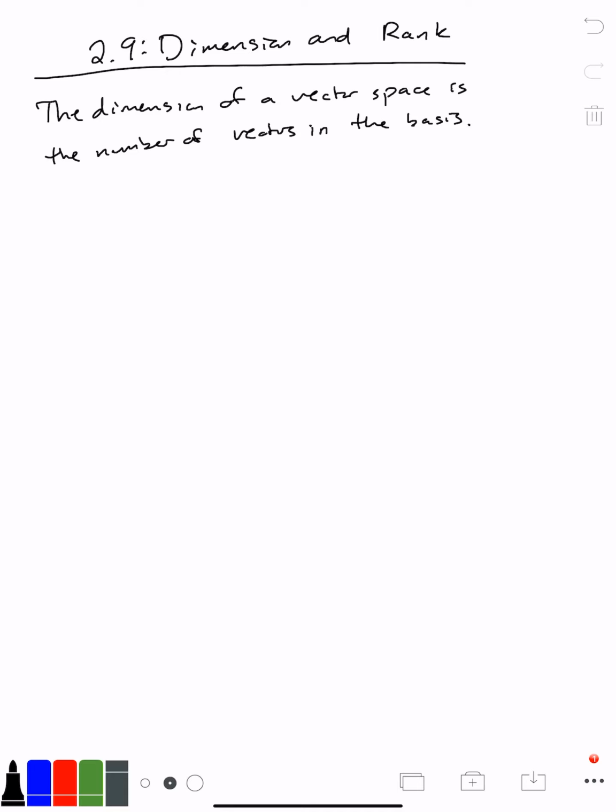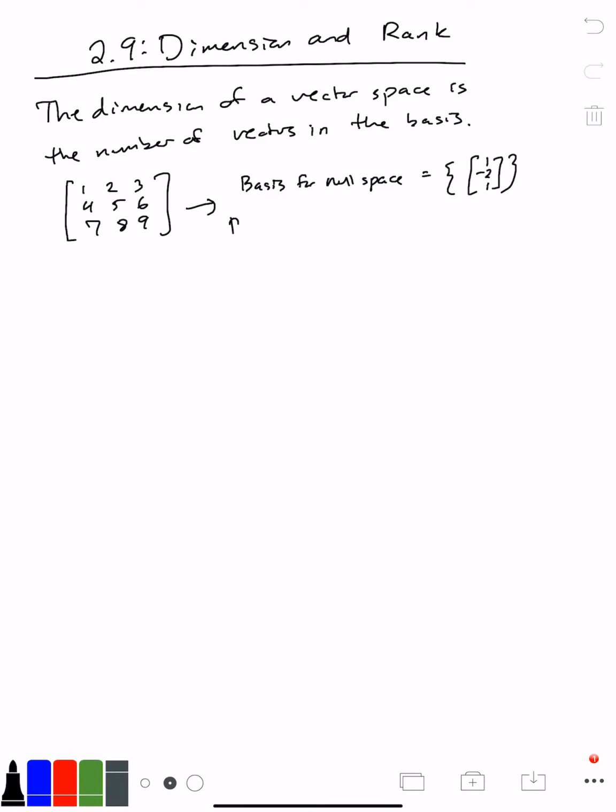So one of our examples earlier, 1, 2, 3, 4, 5, 6, 7, 8, 9. That was the one from section 2.8. What we ended up getting was the basis for the null space was the vector 1, negative 2, 1, and the basis for the column space was 1, 4, 7, 2, 5, 8.